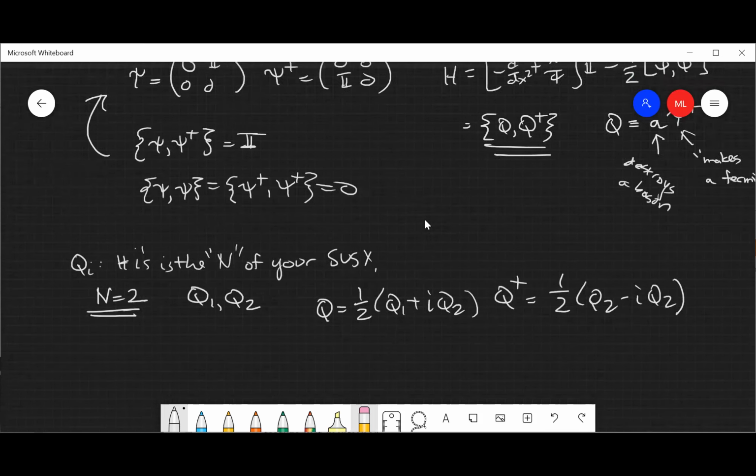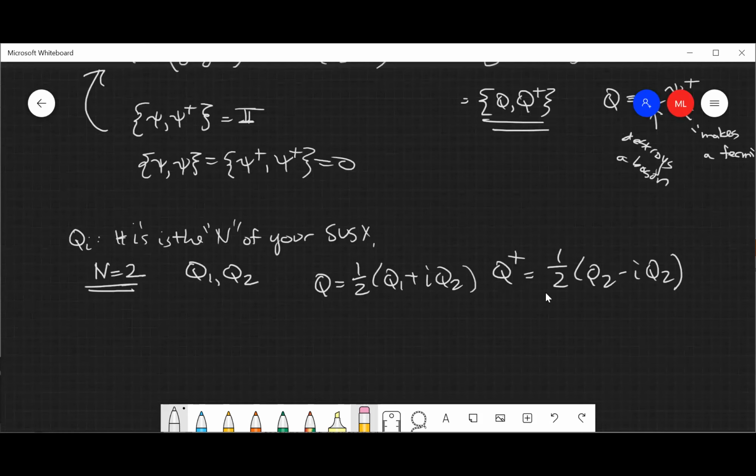And in terms of these operators, you can show that your Hamiltonian has to equal the anti-commutator of Q and Q dagger, which is still equal to what I said before, right? The QI squared is just rewritten in a slightly different way. So I didn't do Q1, Q2. Instead, I used these Q and Q dagger guys.